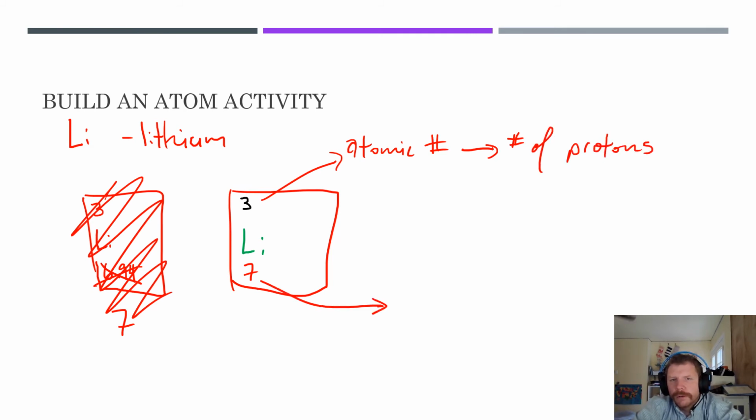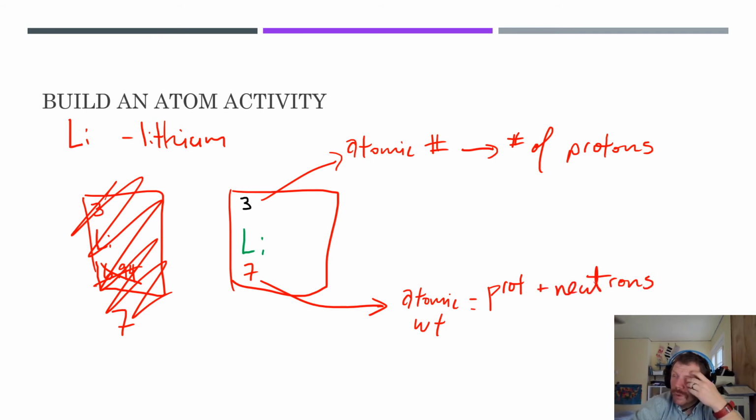This 7 is the atomic weight, and that is going to be protons plus neutrons. Now remember, the 2 subatomic particles that had mass by comparison were our protons and neutrons. Our electrons were almost 100,000-fold smaller by comparison.